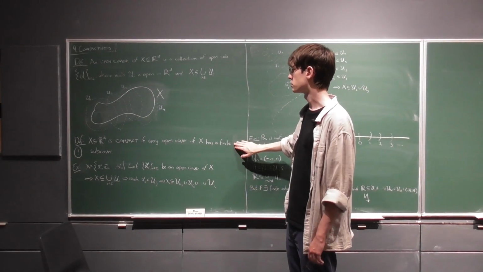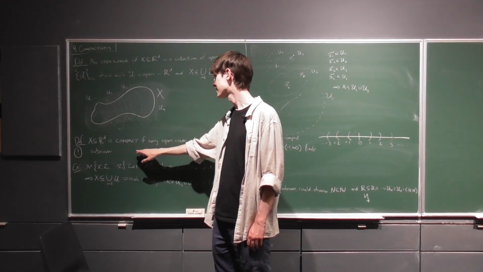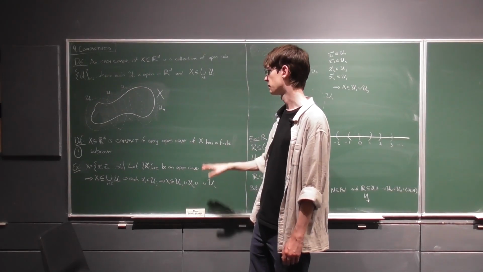But this is a much trickier definition. X is compact if every open cover of X has a finite subcover.